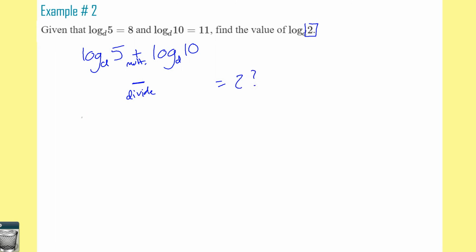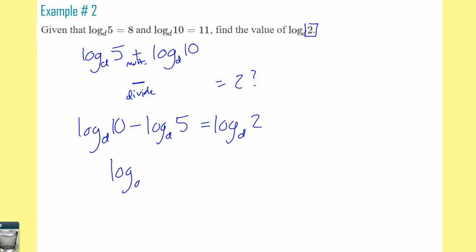So hopefully you don't have to think too hard or for too long. You do log base d of 10 minus log base d of 5, and we should get log base d of 2, because when we subtract logs, we divide them, right? 10 over 5, which is log base d of 2.